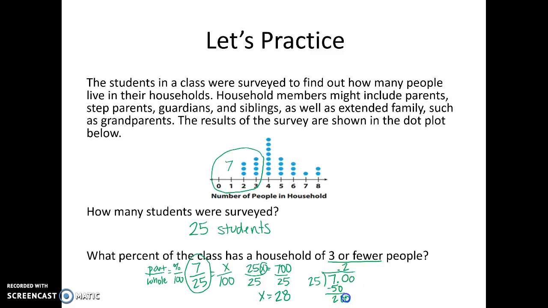Add a 0, bring it down. 25 goes into 100, like we said, 4 times. Twice that is 8. So 200, and that's 0. So it's 0.28 or 28%. So either way we get the same answer, but we know that 28% of the class has a household with 3 or fewer people.